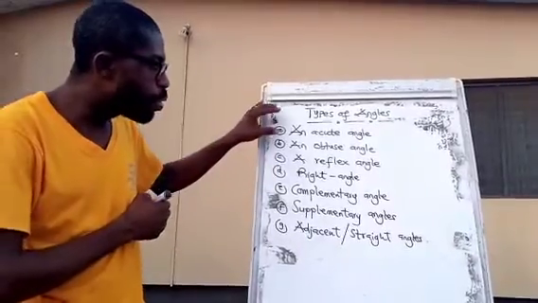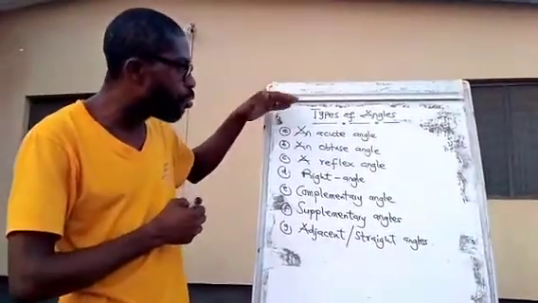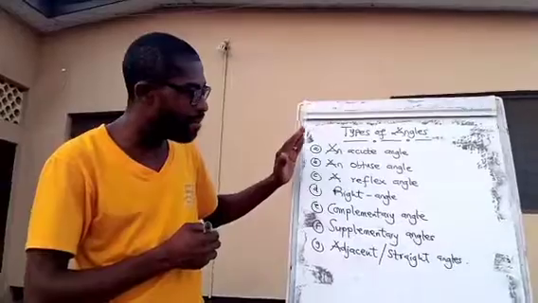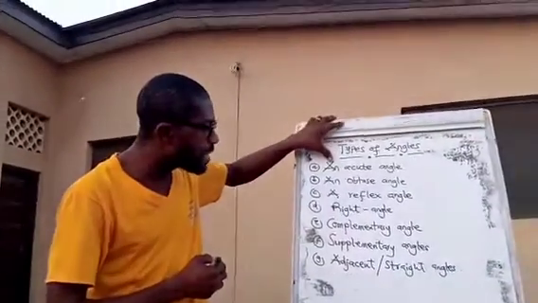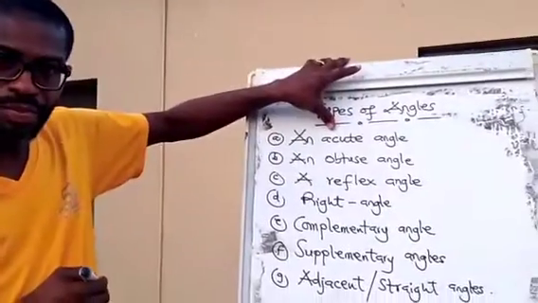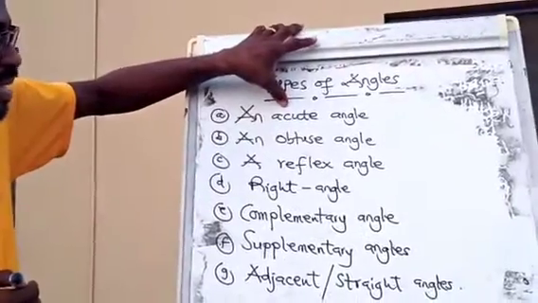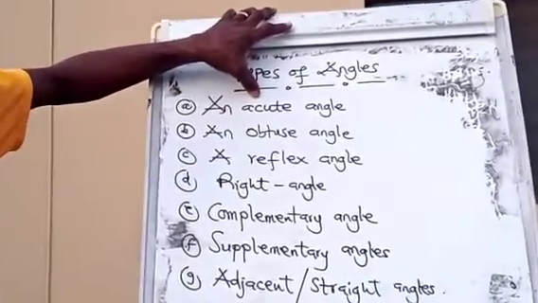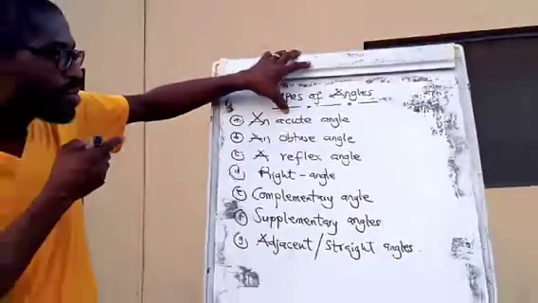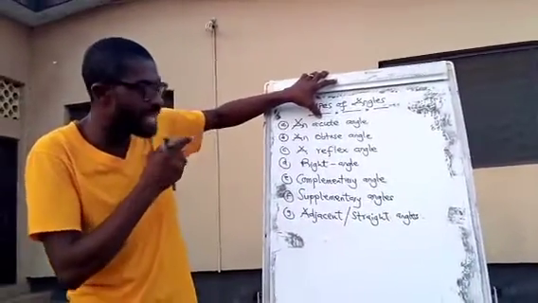Now we are going to look at these types of angles one after the other. The first one, we said we have an acute angle. Remember that with our earlier lesson, we said some angles are formed when they meet at a point.